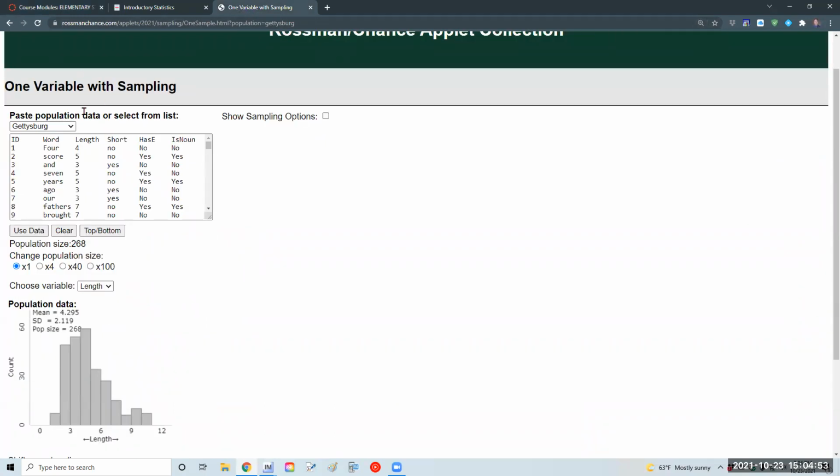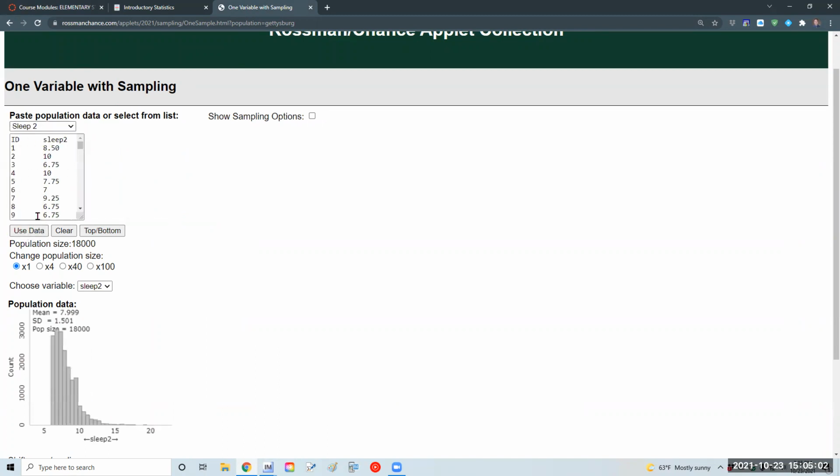All right, so we've got different data sets here. I'm going to change this to, yeah, here's one. Okay, so right now the size of the population is 18,000. Each one of the persons in the population has an ID. They also have a sleep number, which I believe is the average number of hours of sleep that they get per night.